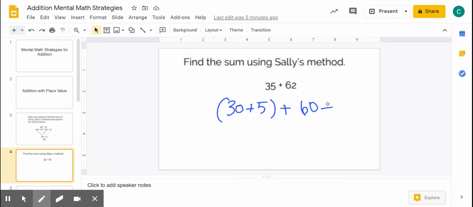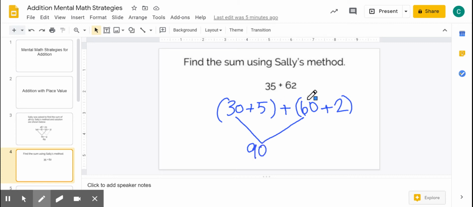So again, I put 60 plus 2 in parentheses. And now I am going to add the expanded value of tens, and then the expanded value of ones. So my first step would be adding 30 plus 60. 30 plus 60 gives us 90.